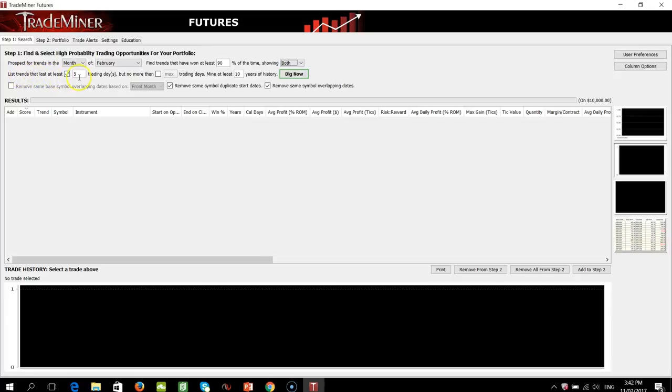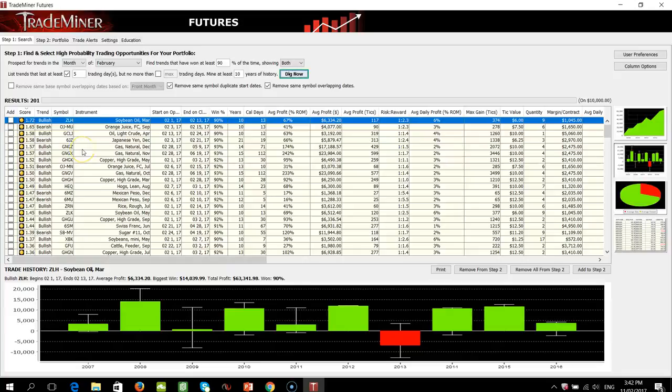List trends that have at least 5 trading days, but not more than a certain amount. I leave it blank because I want to see all. And at least 10 years of history. And then you just click dig now. There's a few other things here, but you could figure that out when you get the software. And you can see it's running through its calculation right now. It's going through the database of data, mining the data, and looking for these profitable trades.